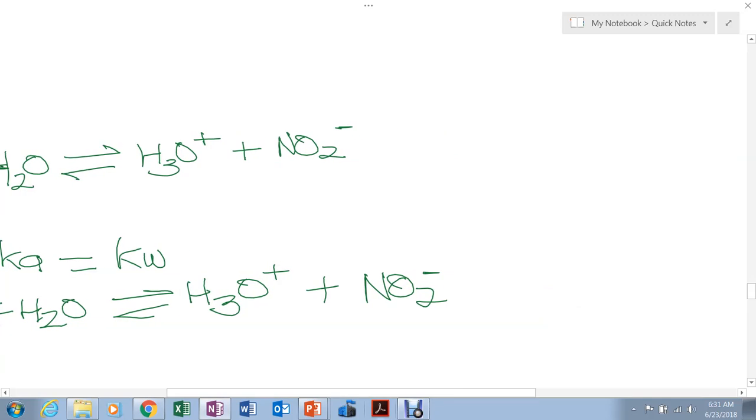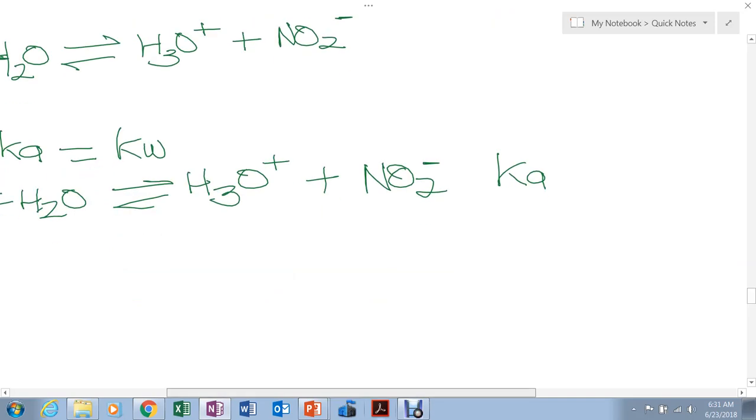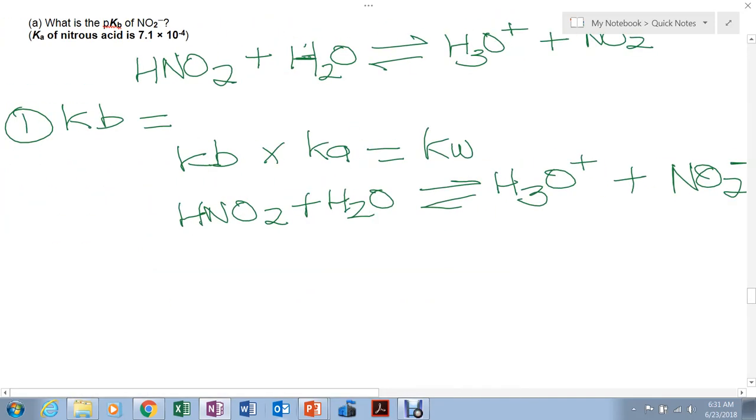So this would be a Ka, right? This NO2, the conjugate base, plus water, now it's going to go back to the acid, plus water.